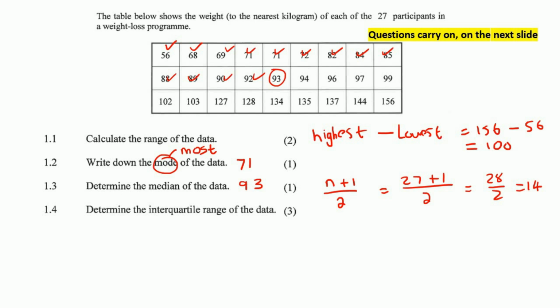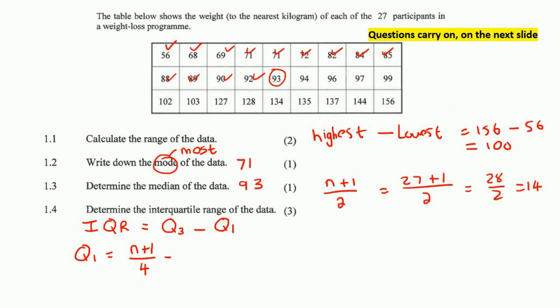Determine the interquartile range. Interquartile range, which I'll just call IQR, is the upper quartile, which is Q3, minus the lower quartile, which is Q1. Now, we need to go find each of those. Let's start with Q1. To find the lower quartile, you say n plus 1 over 4.